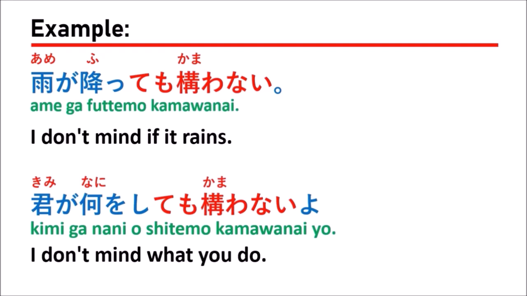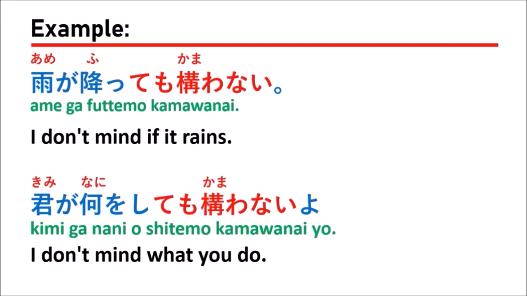In the first sentence, you see that they use the verb furu, right? When we change to the te form, we say futte, and after that follow by mo kamawanai or mo kamaimasen. It has the same meaning, which means I don't mind. Futte mo kamaimasen means even if it rains, I don't care or no problem.